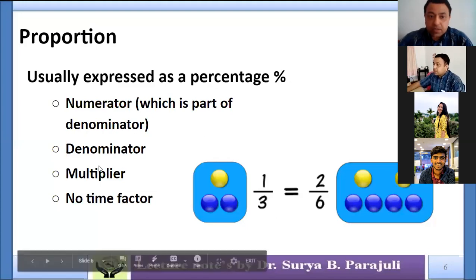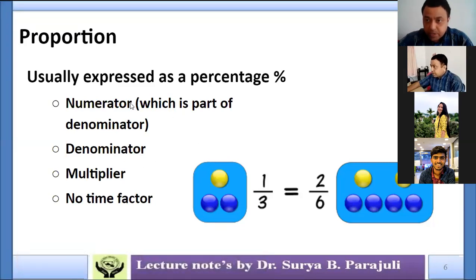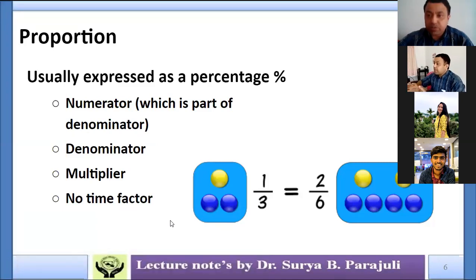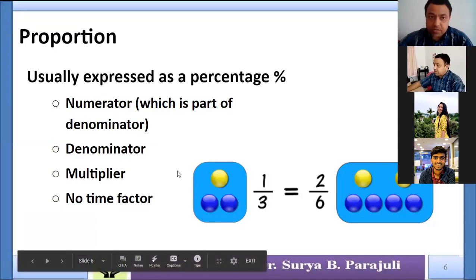But the most important part is we have a denominator, we have a numerator, and the numerator must be a part of the denominator, with or without a multiplier, but there is no time factor, no time boundary, no time duration. This is called proportion.